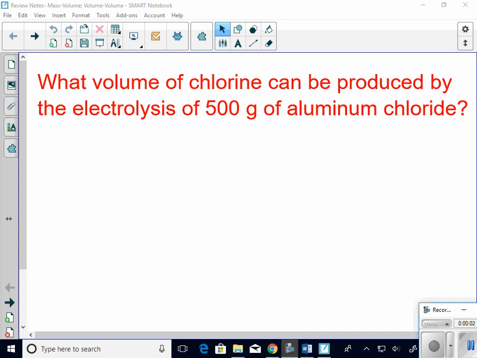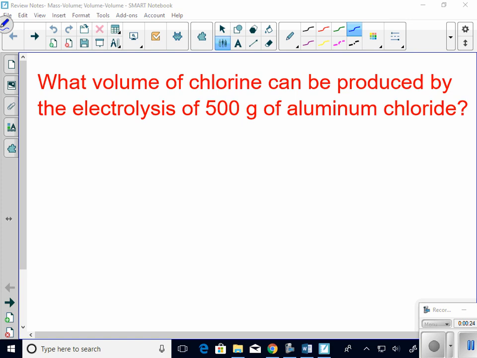All right, as we start out, what volume of chlorine can be produced by the electrolysis of 500 grams of aluminum chloride? Very first thing I need to do is come up with a balanced chemical equation.